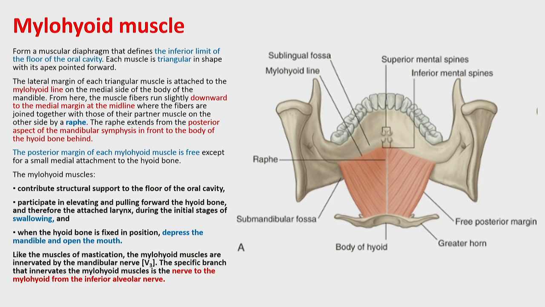They are there. This mylohyoid muscle is also a muscle of the suprahyoid group, which is the next chapter, a short chapter that hopefully we finish today. As we mentioned, it is the muscle that is coming from the mylohyoid line and going downward to the hyoid bone.